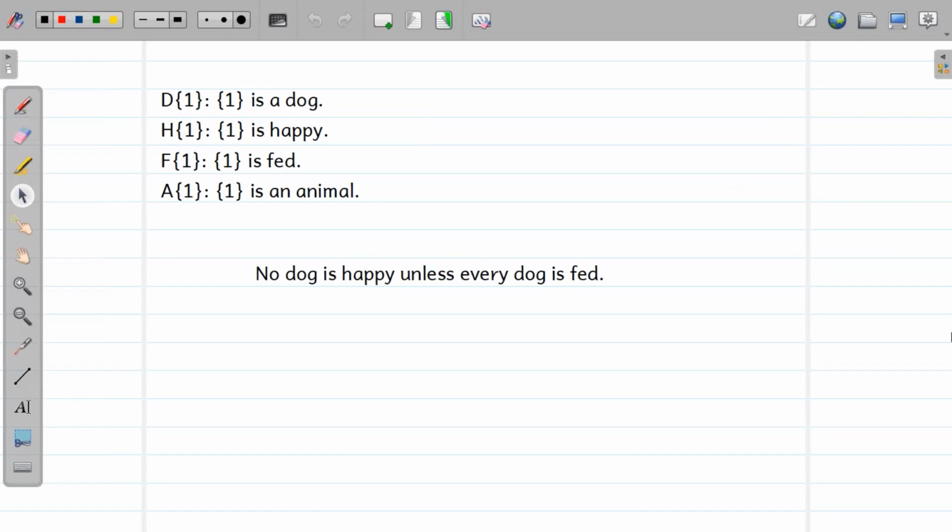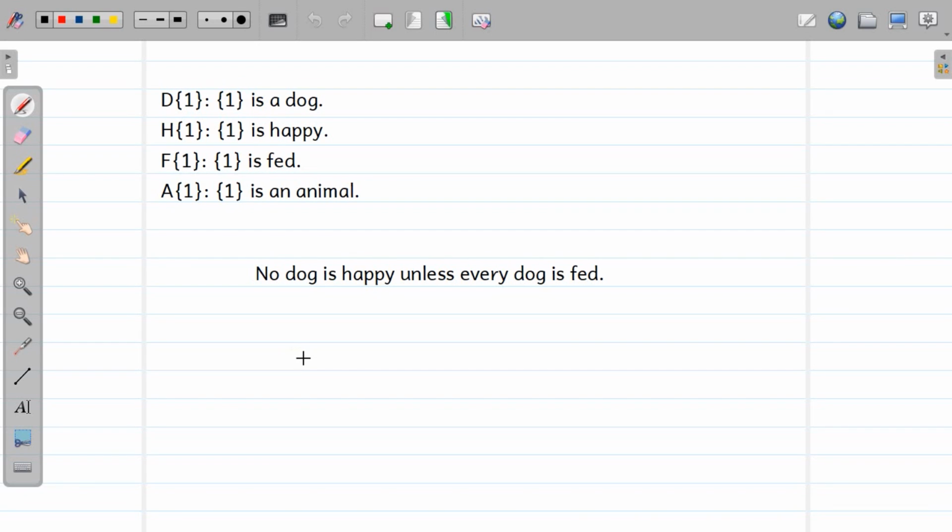No dog is happy unless every dog is fed. Okay, so just like with good old-fashioned sentential logic, the first thing to do is always to try to carve up the sentence into its largest parts, try to figure out what the main connective is.